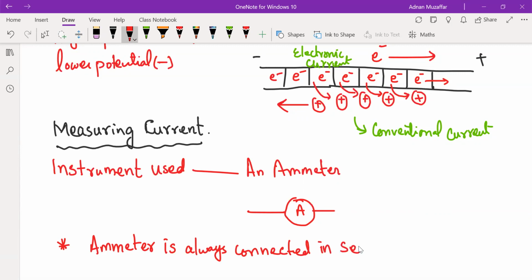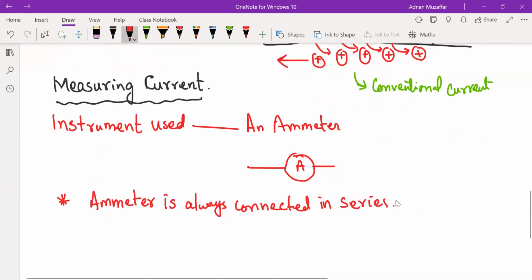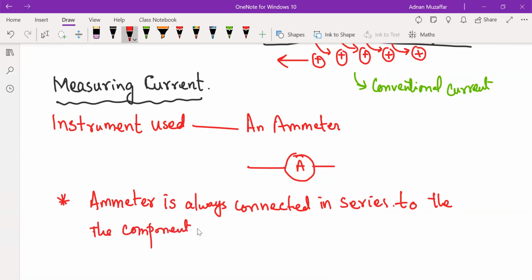Ammeter is always connected in series to the component through which current is to be measured.